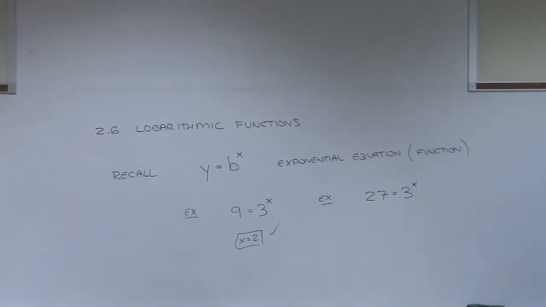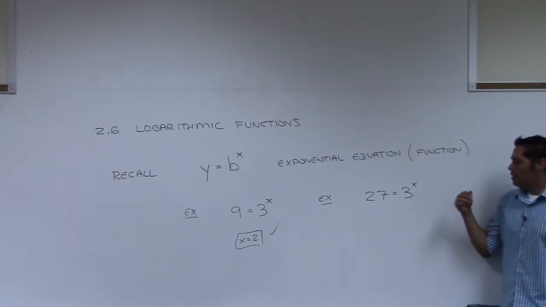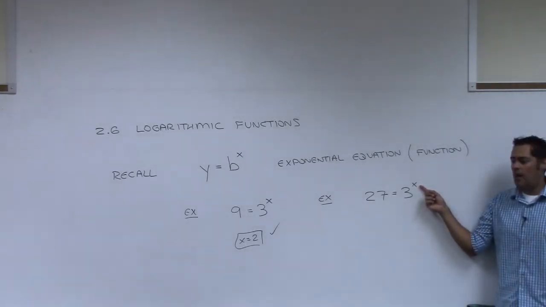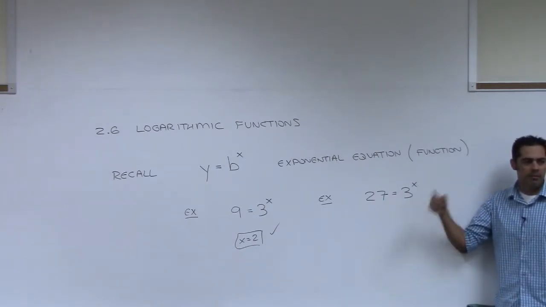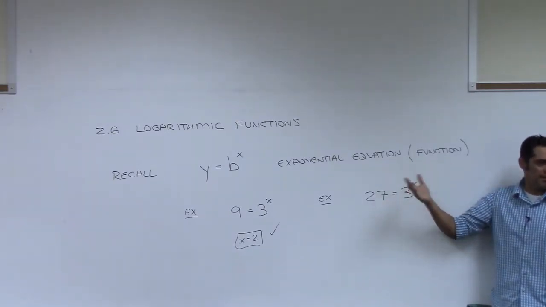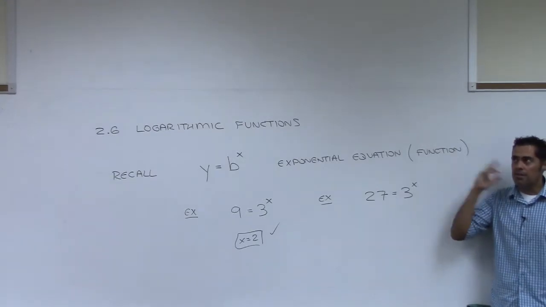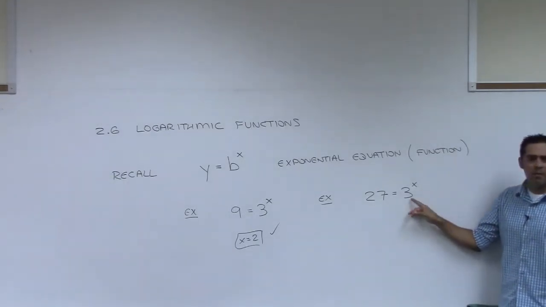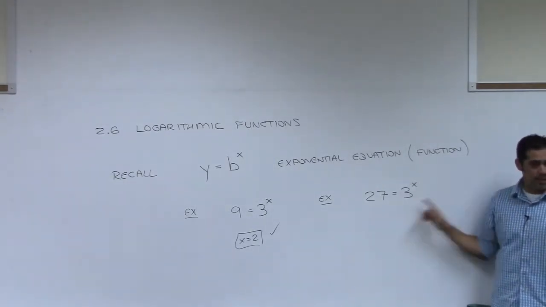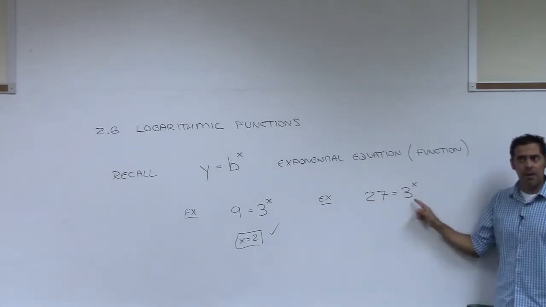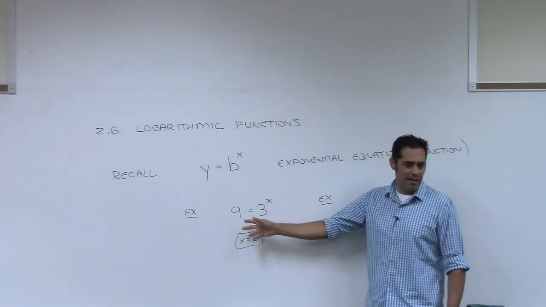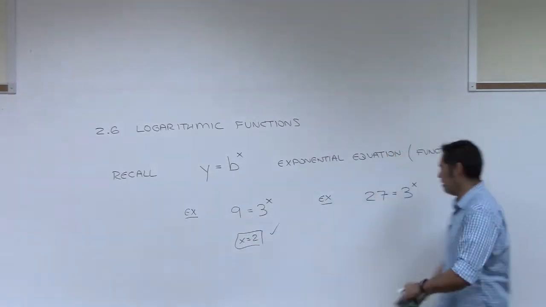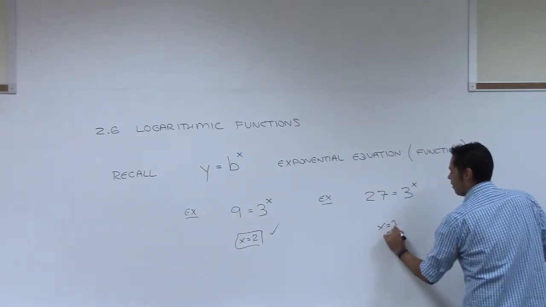I'm asking you right now, what x value do I need to put here to make this true? 3. 3 times 3 times 3 would be 27. Now, listen to the way I'm saying this. 3 raised to what power is 27? That's what I'm asking. This one was 3 raised to what power is 9? Okay. So x is 3 here.